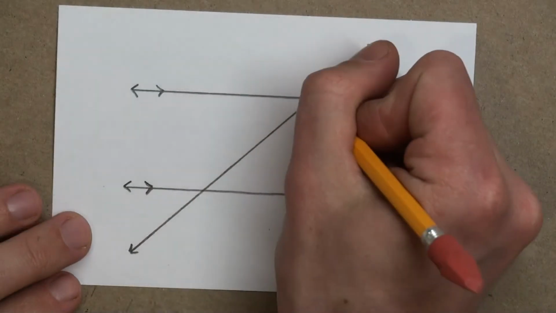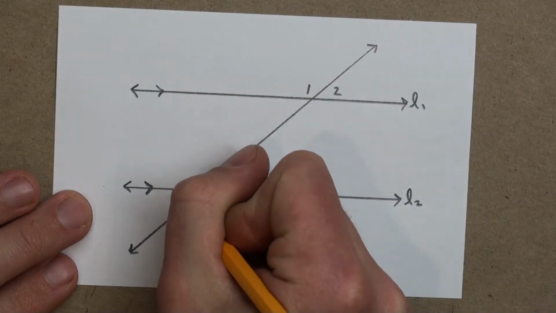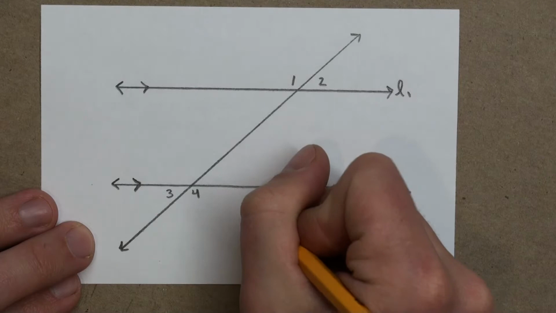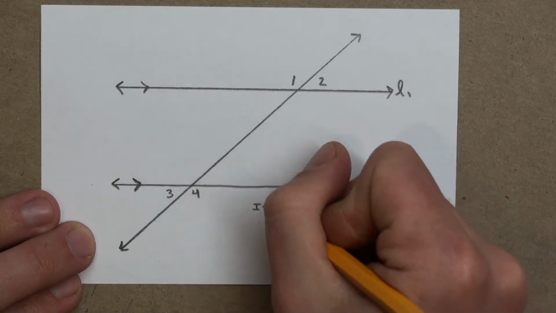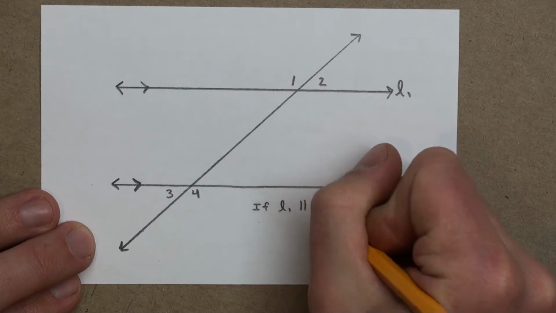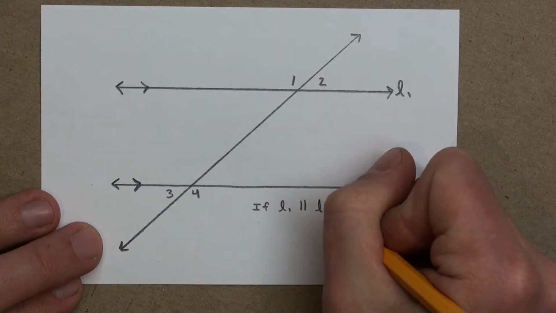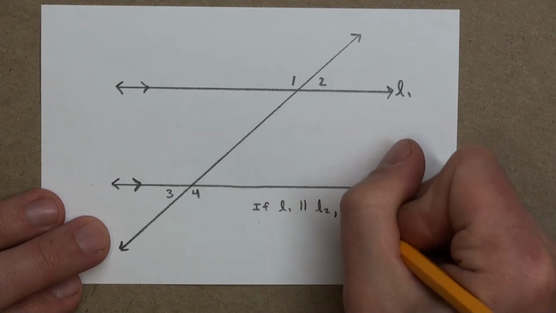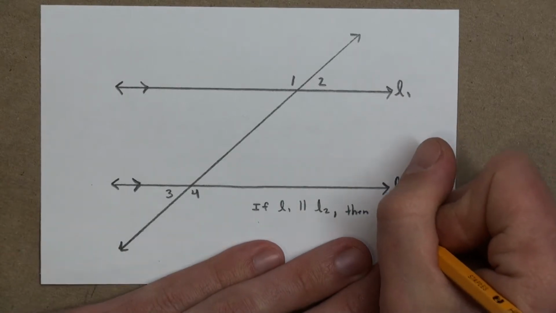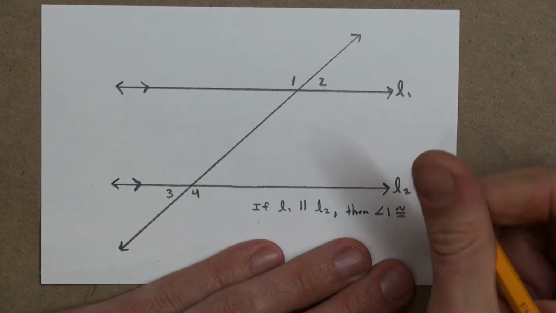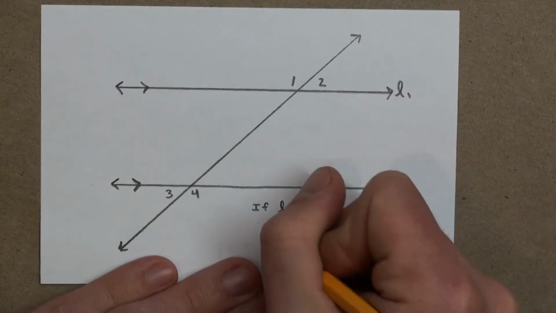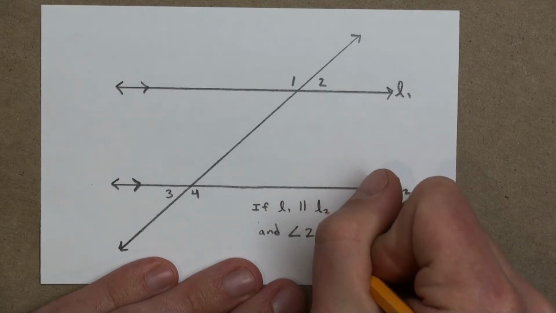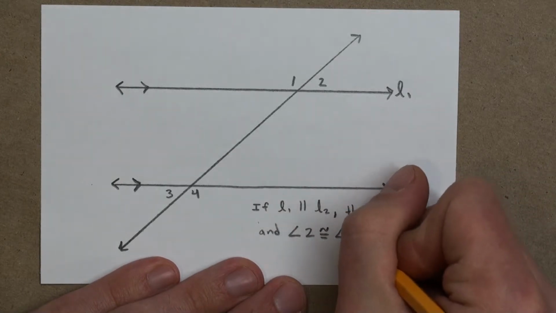So that would be like, so if L1 is parallel to L2, comma, then angle 1 is congruent to angle 4, and angle 2 is congruent to angle 3.